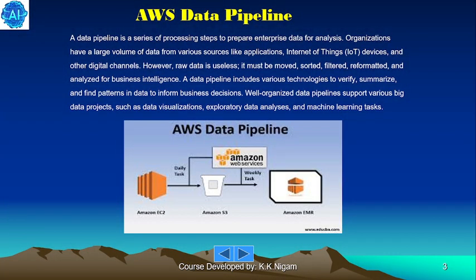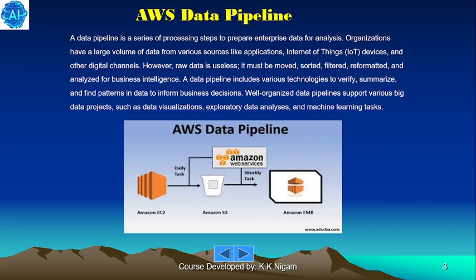The data pipeline is a series of processing steps to prepare enterprises' data for analysis. Organizations have a large volume of data from various sources like applications, Internet of Things devices, and other digital channels. However, raw data is useless. It must be moved, sorted, filtered, reformatted, and analyzed for business intelligence.